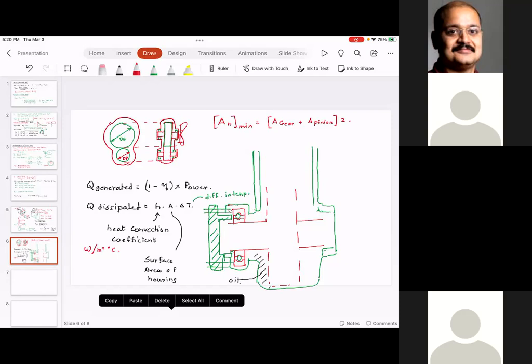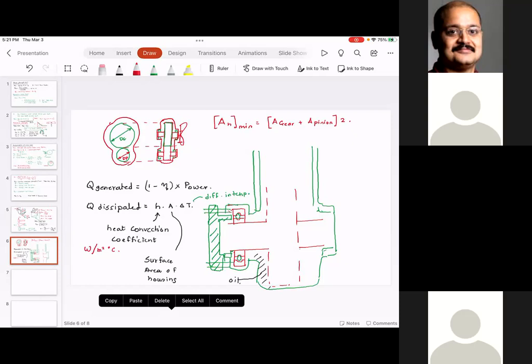Usually that range is about 30 to 40 degrees. So you can specify the value of 40 and then find out the heat dissipation. And for the gear transmission to work continuously, the heat dissipation capacity has to be greater than the heat generated. Only then that gearbox can sustain.